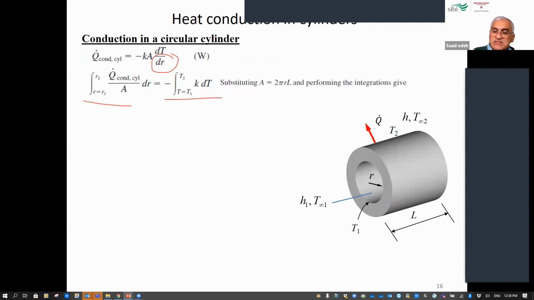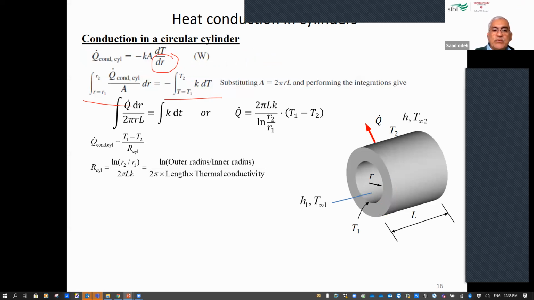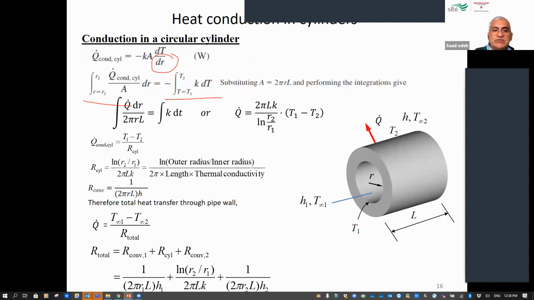If we do the integration and simplify it, we can end up with the general equation of heat transfer in circular tubes or in circular design. And this is, again, the same general equation of heat transfer, but in this case, the R total must follow the circle design requirement.